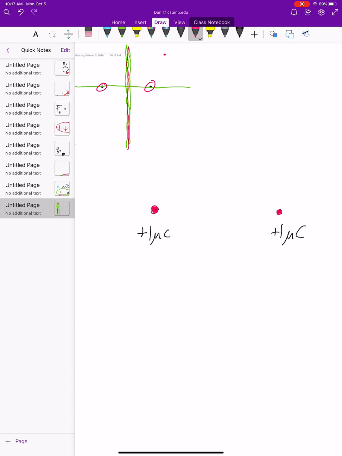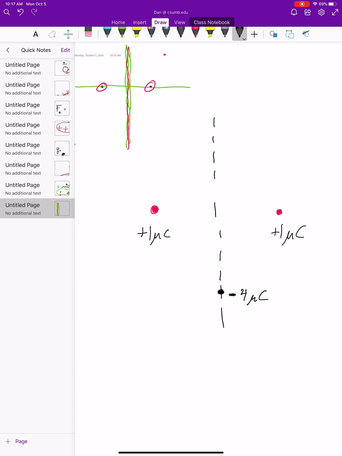And then I'm going to put another charge somewhere on the line between them. This charge can have an arbitrary value. I'll make it a negative charge, negative 4 microcoulombs. Why not? And let me give you some distances to work with.